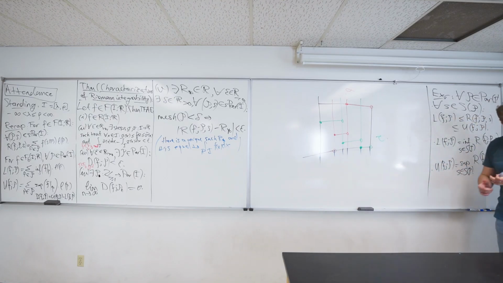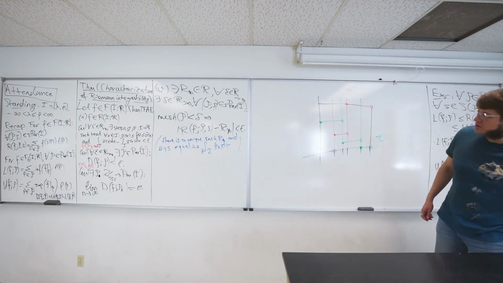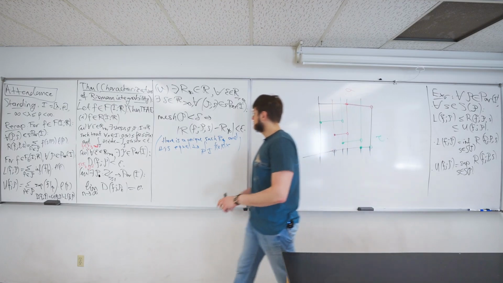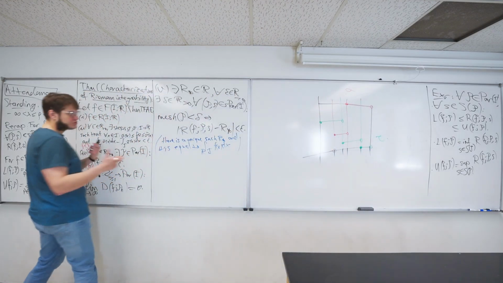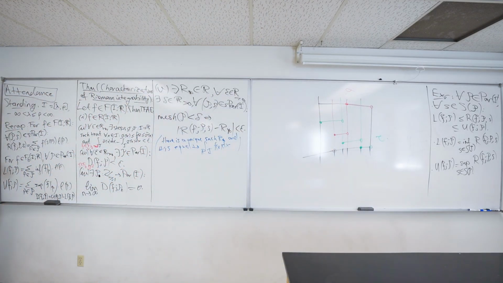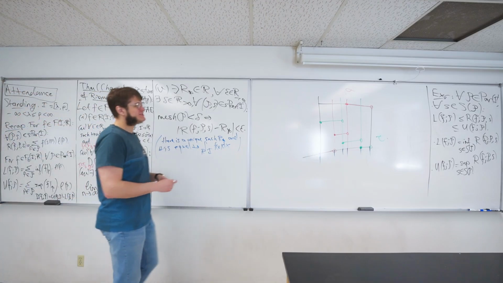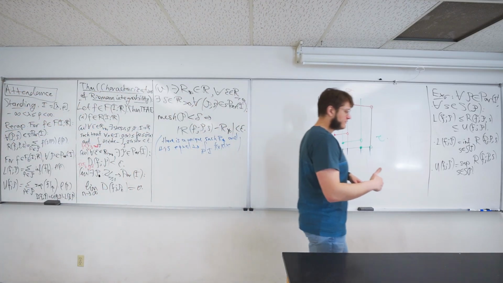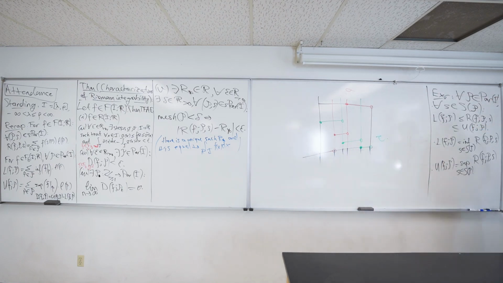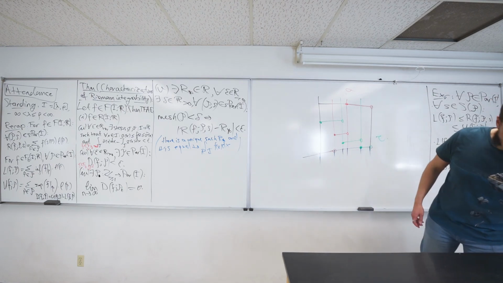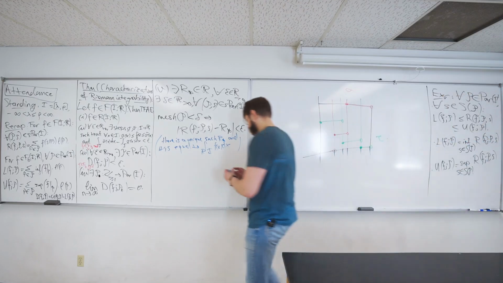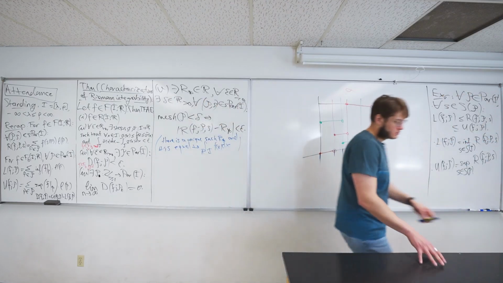Okay. What was the mesh? Well, you take your partition. It has a bunch of intervals in it. It's a collection of intervals. To each interval, you can associate a number, which is the length, sup minus inf. Well, mesh of the partition is the sup of that. I'll write it here.